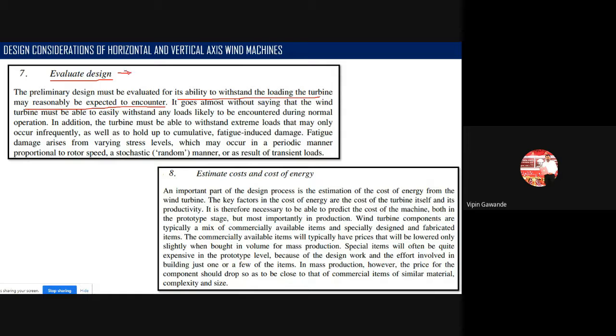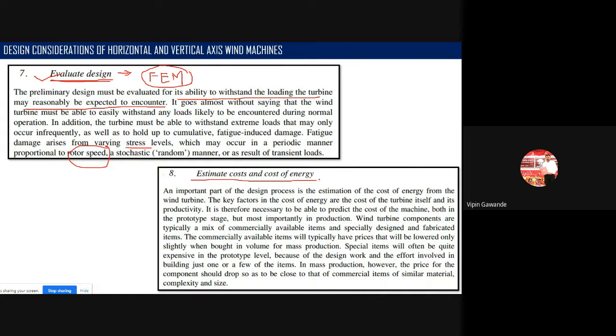We can also judge this by carrying out the analysis in analysis software like FEM. The loading conditions, the effect on the various components like stress, and then the speed of the rotor can easily be predicted by means of this type of software. That is under the evaluation of the design.